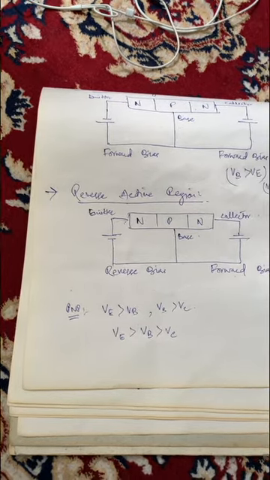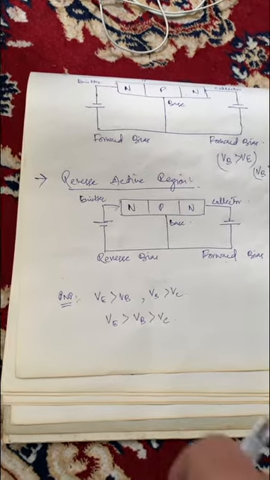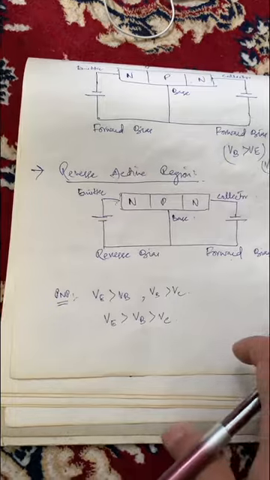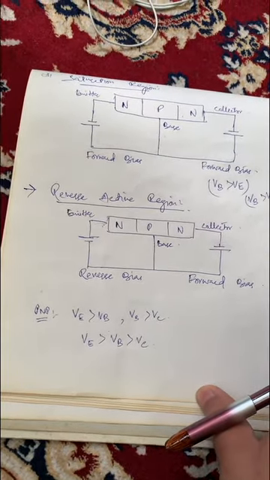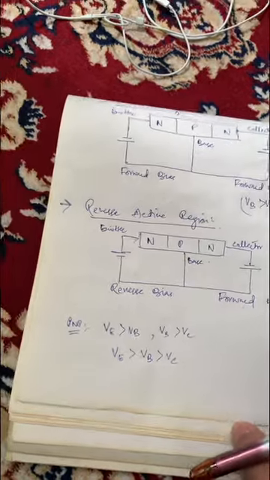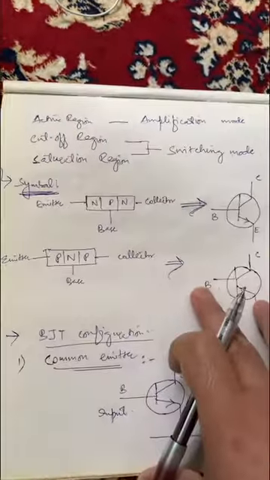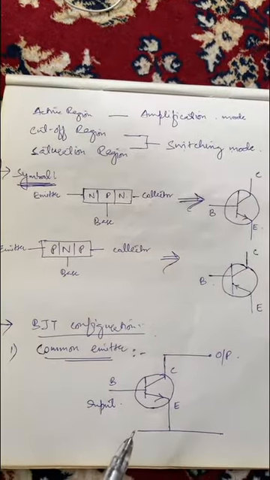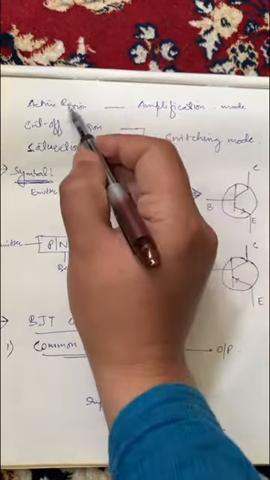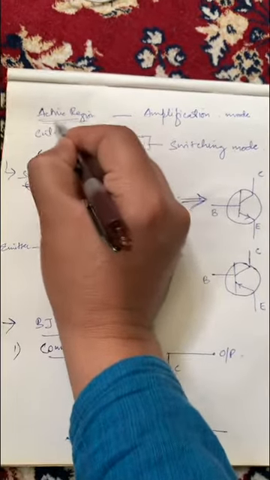Similarly, this PNP transistor can be used in different regions. Whenever the BJT is used for amplification, it is used in this active region.